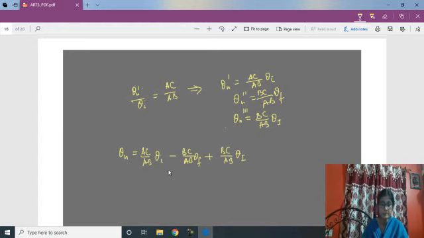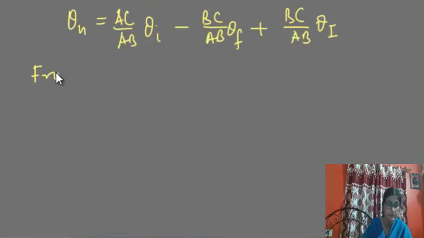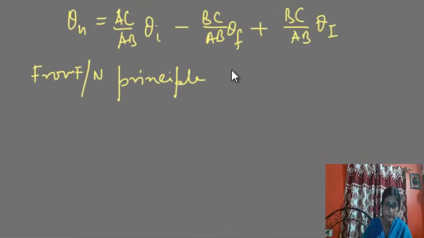Now from Flapper-Nozzle principle, we know that the output pressure P0 is proportional to the deflection.